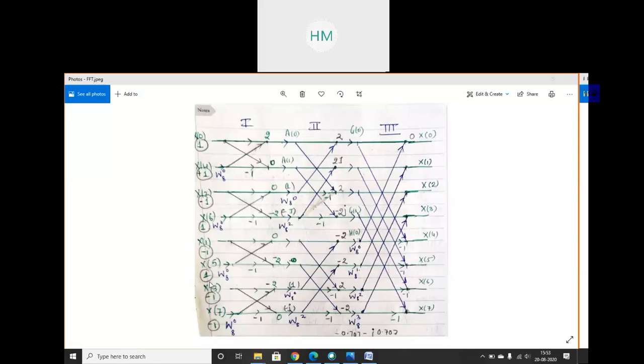Okay. A0 is coming out to be 2. Very good. Twiddle factor we have calculated earlier. A0, 2. Okay. A1. Very good.